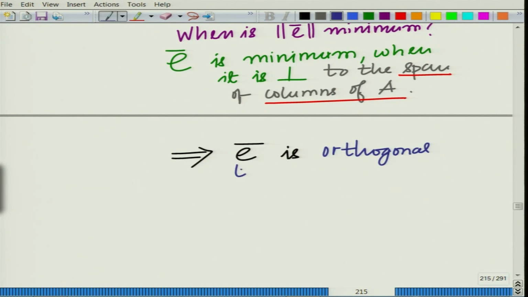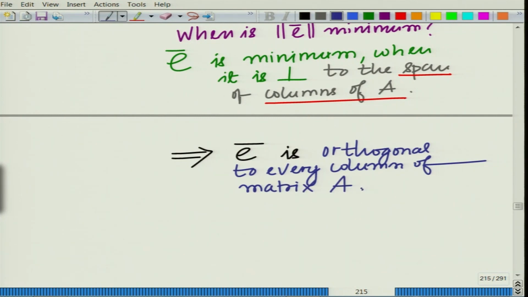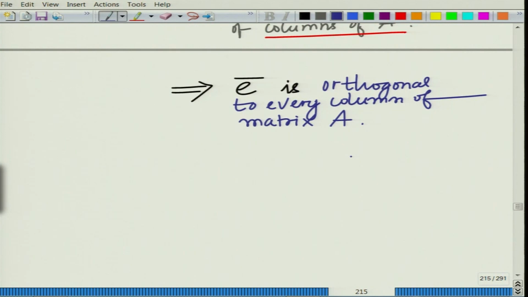E bar is orthogonal to every column of A.